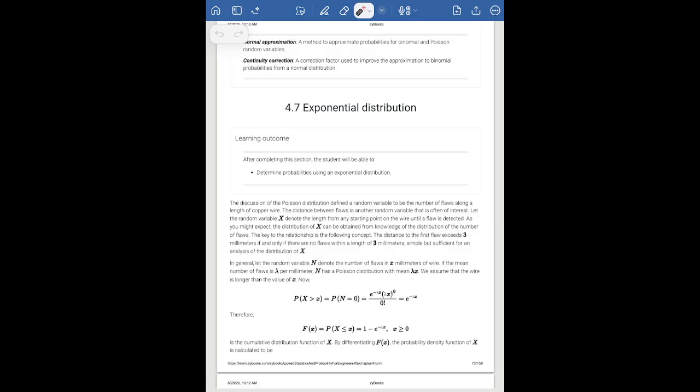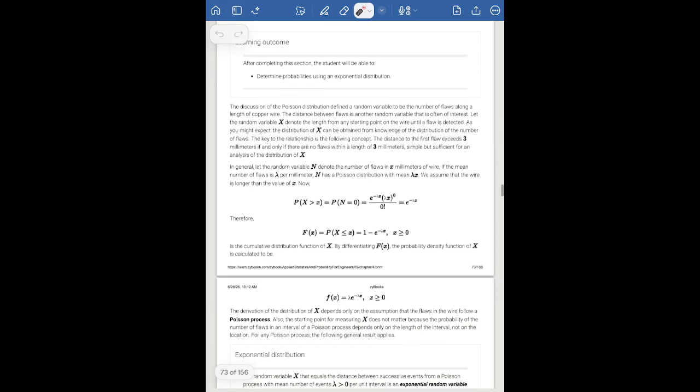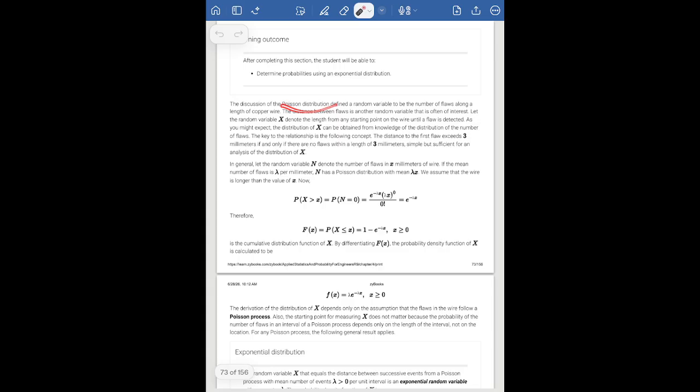All right. The exponential distribution. The exponential distribution is related to the Poisson distribution. In the view of the Poisson distribution, you may have a situation where you're defining a random variable to be the number of flaws along a copper wire. A copper wire is going to have a certain length to it, and you may have some imperfections or nicks that are being counted as flaws.